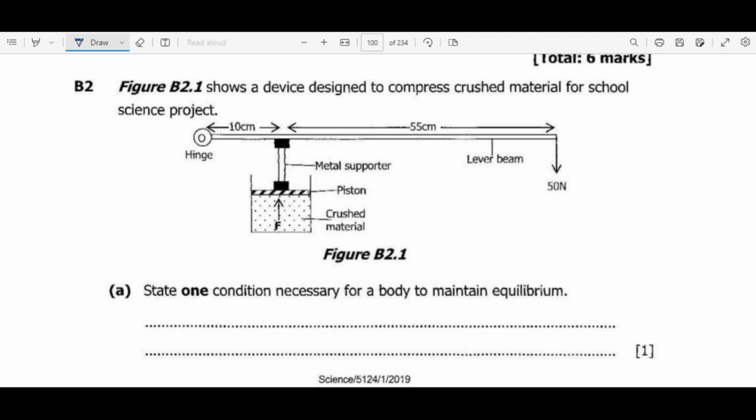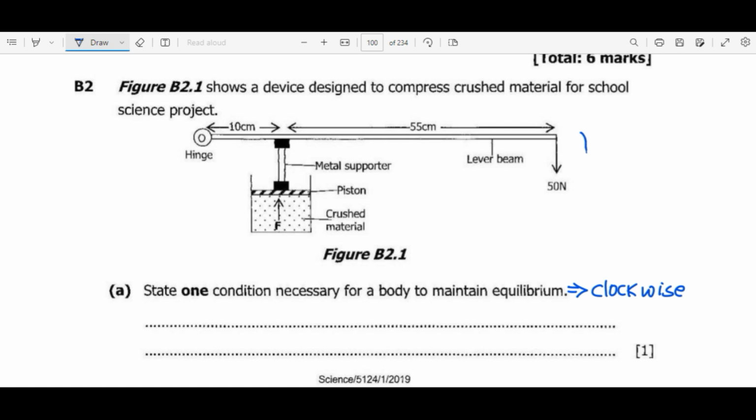So the question reads, figure B2.1 shows a device designed to crush material for a school science project. So now under moment, it's important we identify the two moments that we have. The first moment is the clockwise moment, the moment in the direction according to the clock.